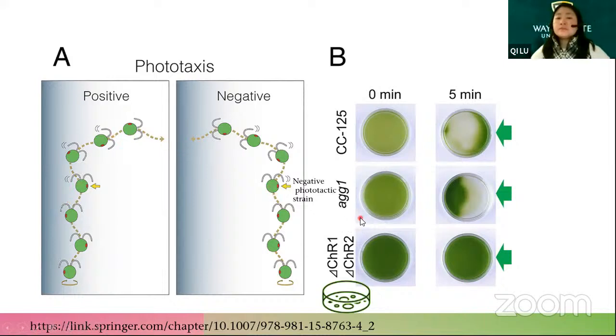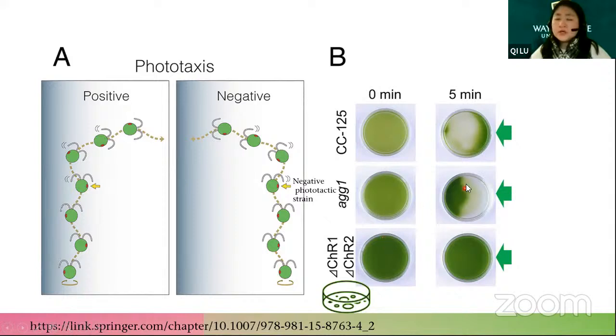However, some strains that have a mutation show the opposite behavior. It's called a negative phototactic strain. Its name is AGG1. It just avoids the light.